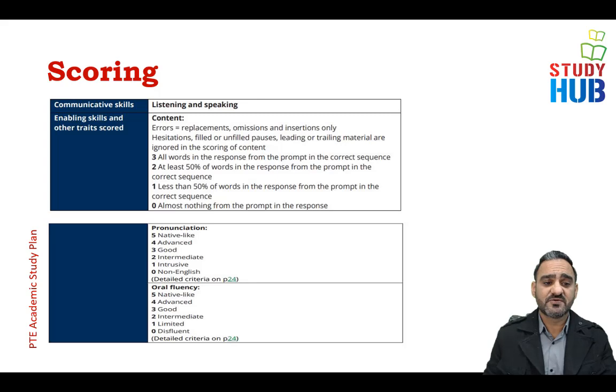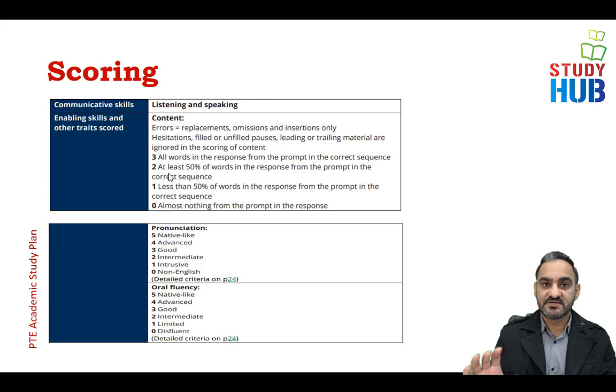What I'm trying to highlight here is that in this question, you do not get the content score based on how many words you have spoken. It is more based on the percentage of words. So your objective should be, for shorter sentences, make sure you're at 100%. For longer sentences, make sure that you cover more than 50% of the words.